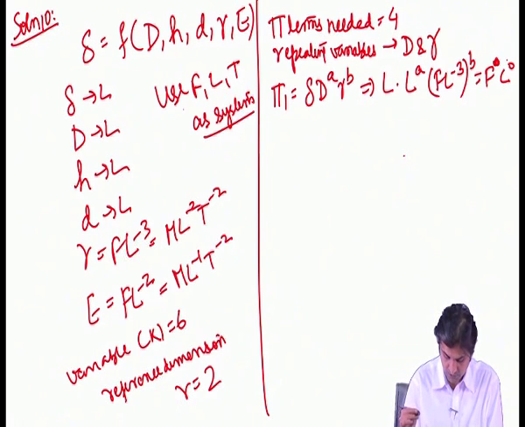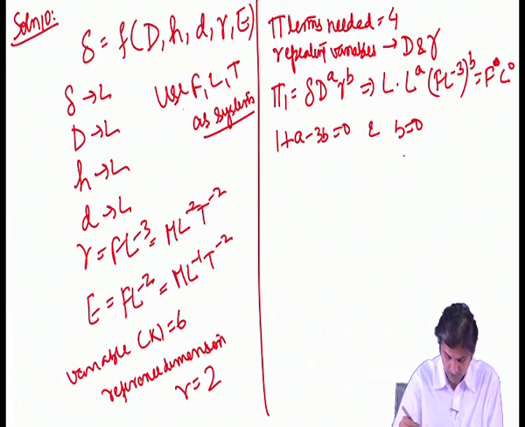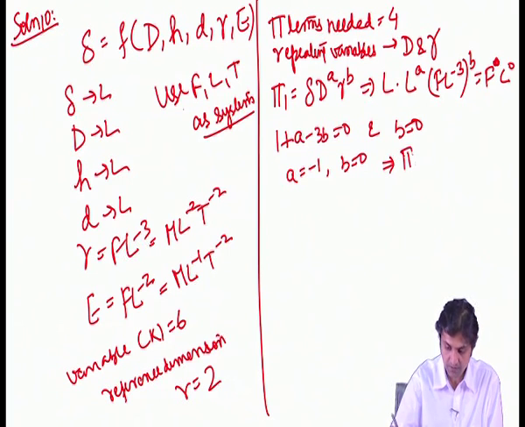Okay. So this will give 1 plus A minus 3B is equal to 0 and B is equal to 0, resulting in A is equal to minus 1 and B is equal to 0, thus implying that pi 1 is equal to lambda by D. Okay.